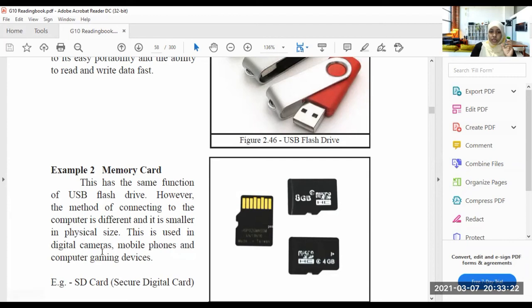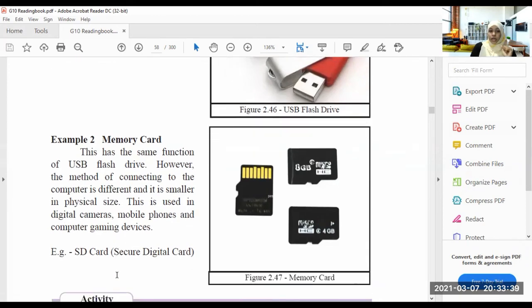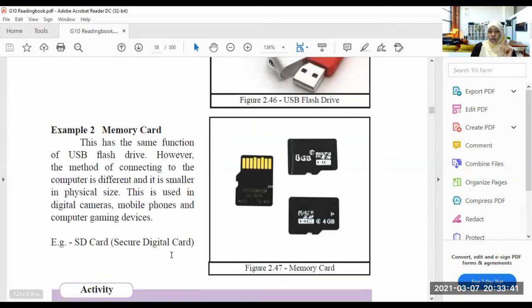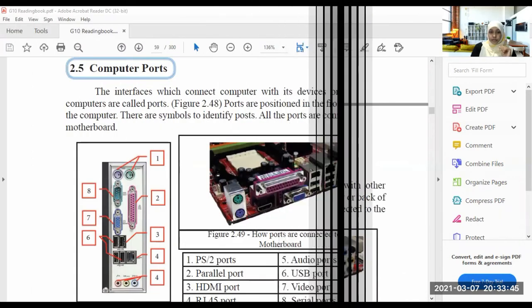This is used in digital cameras, mobile phones, and computer gaming devices. In your phone there is a memory card, and also in gaming devices or digital cameras you are using this memory card. The SD card, or secure digital card, is one of the examples, right?